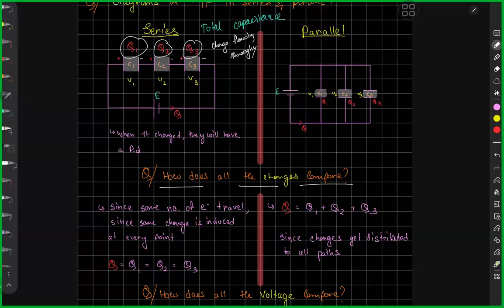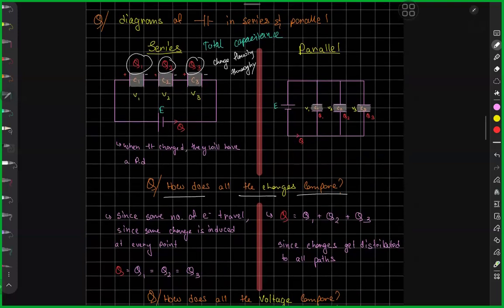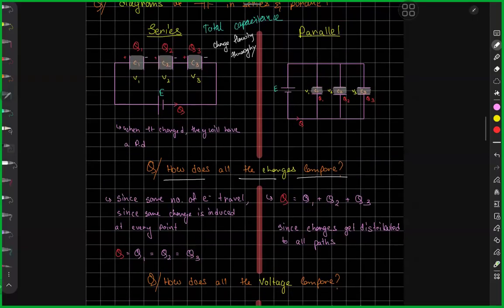That is, how does charge compare to each other? How does voltage compare to each other? And I'll show it step by step. So first thing I do is I compare the charges. Through this entire circuit that is in series, if over here, let's say 10 electrons are flowing, the same amount of electrons will flow through here, here, and here.